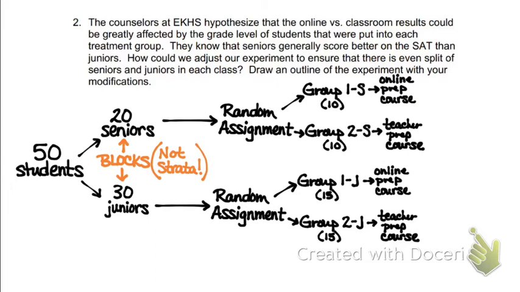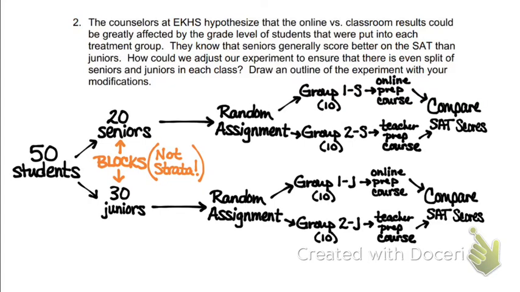What would you do after they've taken the course? We're going to compare the results. We're going to first compare the results just within a single block. So I'm going to start with comparing the results of my seniors, comparing the results of my juniors, and then I'm going to compare the results overall.